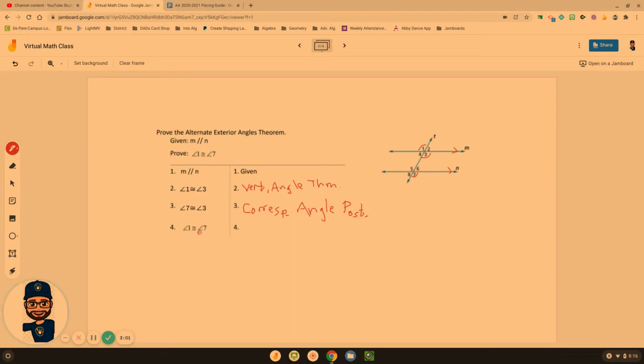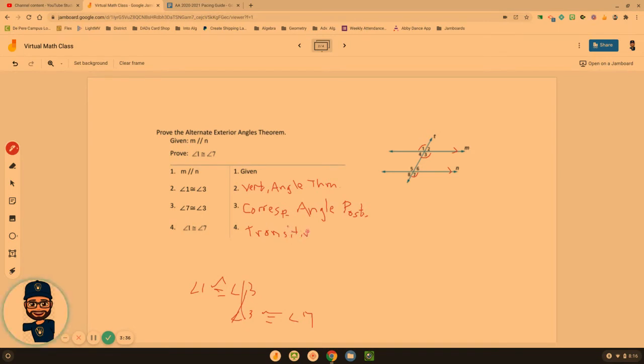Now, they jumped from 1 being congruent to 3 and 7 being congruent to 3. And they say, let's cut out the angle 3 and just tie them all together to say angle 1 is congruent to angle 7. Angle 1 congruent to angle 3. Angle 3 is also congruent to angle 7. Well, what allows us to cut out that middle person? That is where we use the transitive property.